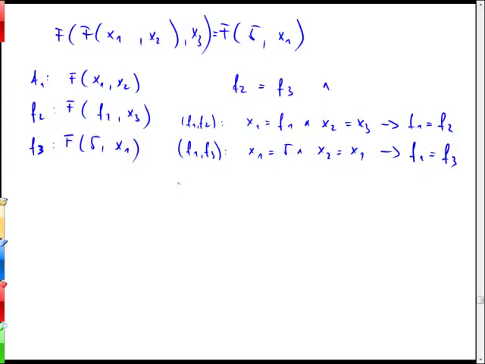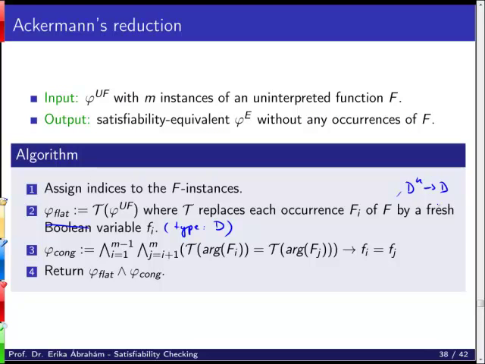And the last one is the pair 2, 3. It means if f1 equals 5 and x3 equals x1, then f2 equals x3. So I encode this congruence, and it is sufficient to apply it to all applications of the same function, excluding symmetry, and then we end up in this algorithm.